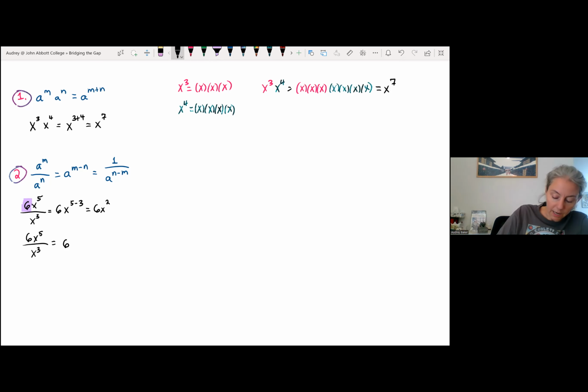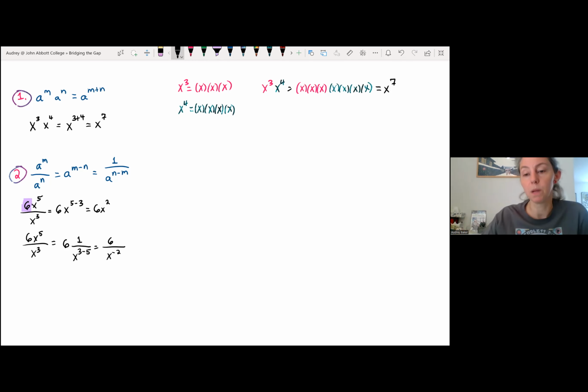So I would get 6 times 1 over x to the 3 minus 5, which would be 6 over x to the negative 2. Now, either of these is an appropriate way to do this, depending on what your end goal is. For the most part, in calculus, using the first one where you have x to a power is going to be useful. Now, what does this mean, and why does this rule work?